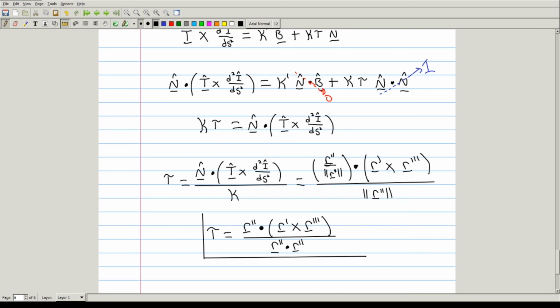And we've obtained a very nice formula for torsion. And one of the key things that we want to note here is that the torsion specifically depends on all three, the first three derivatives of position.